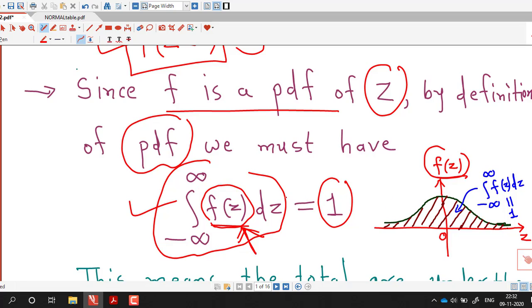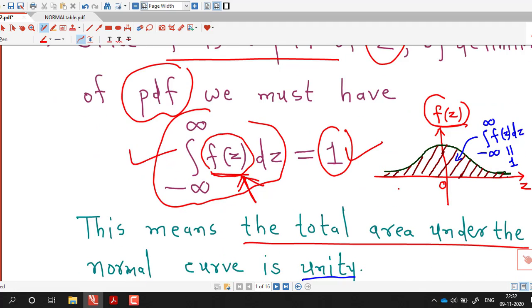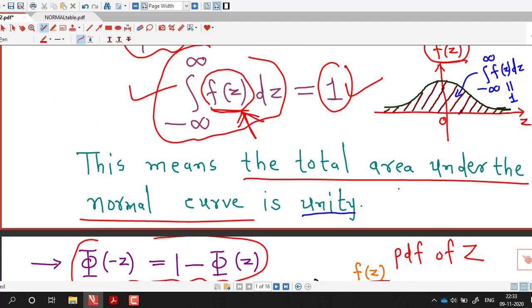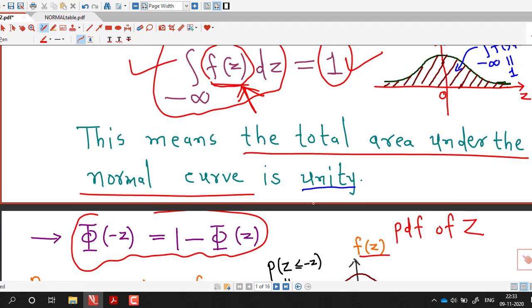So from this property we can say that the area under the density curve of f of z must be equal to 1. As we have shown in this figure, this area is nothing but the integral of f of z from minus infinity to infinity, and it must be equal to 1 always. So this means that the total area under the normal curve is unity.